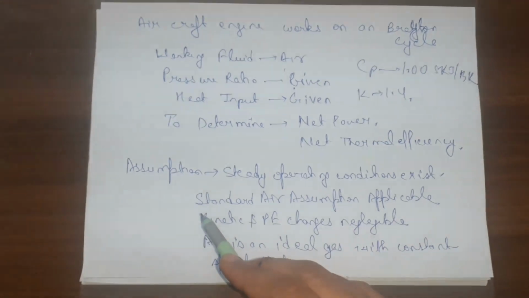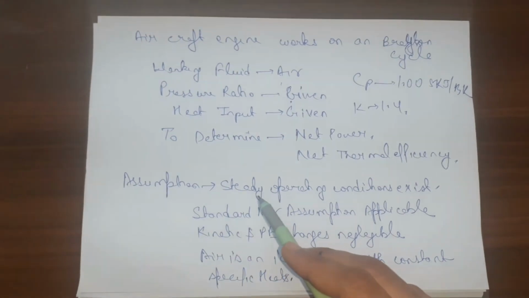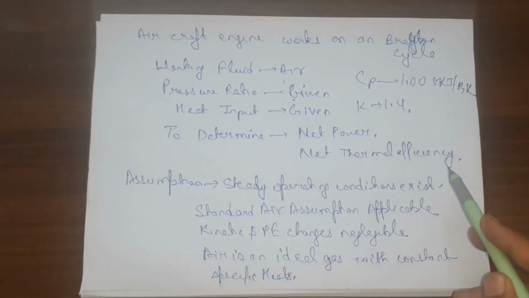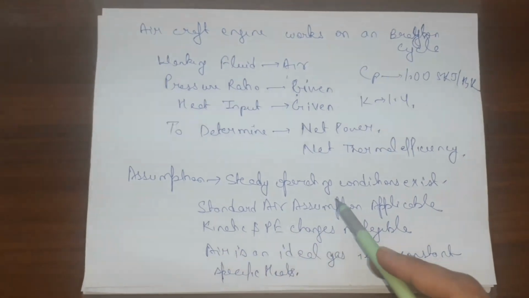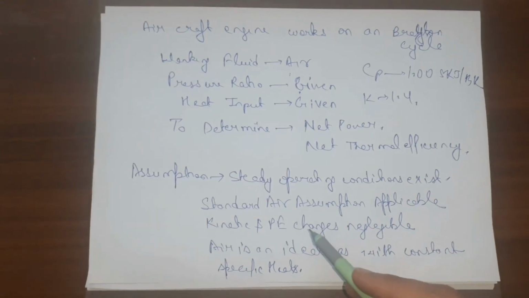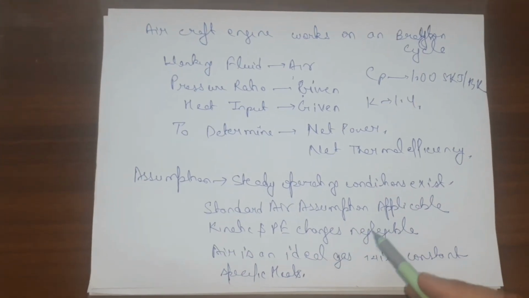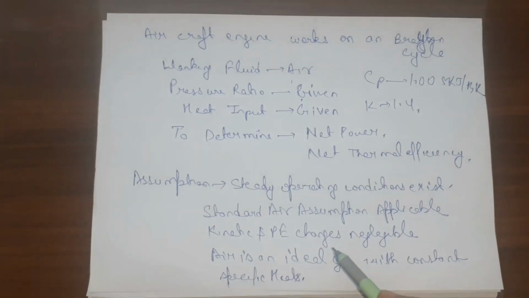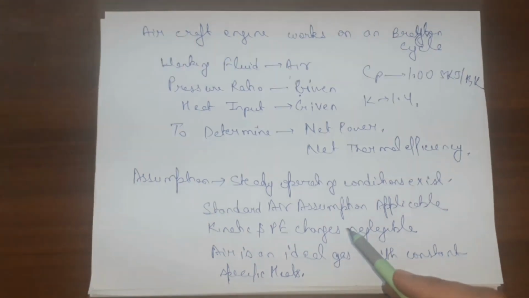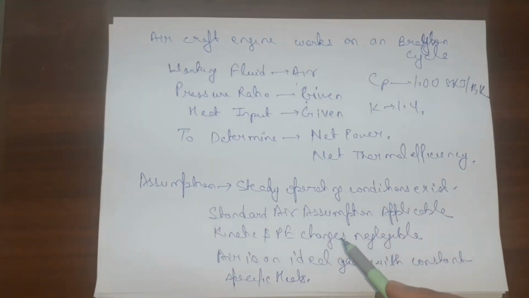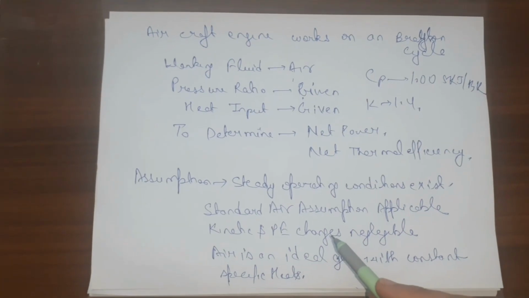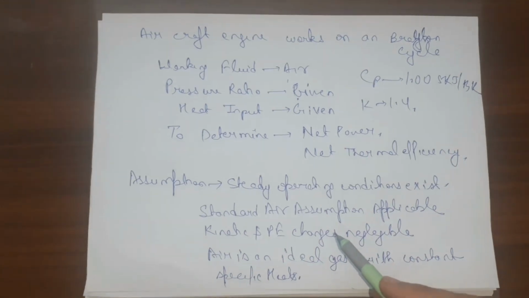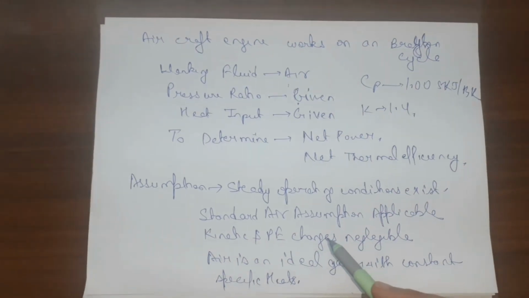The assumptions we have here are that the steady state operating condition exists, the standard air assumption is applicable, and the kinetic energy and potential energy changes are negligible, so that we can conserve the energy here. So initial kinetic energy plus potential energy is equal to final kinetic energy plus potential energy.